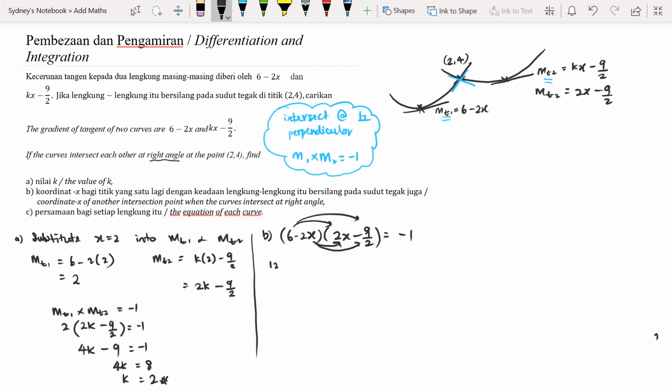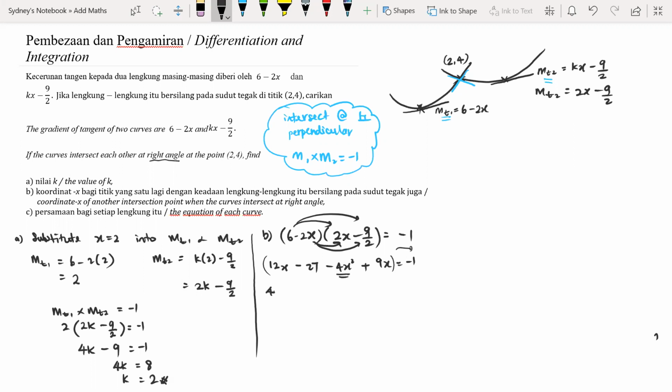So we will have 12x minus 27 minus 4x squared plus 9x equals -1. Next, we have to rearrange. I'm going to move everything on the left towards the right so that my x squared always has a positive coefficient.